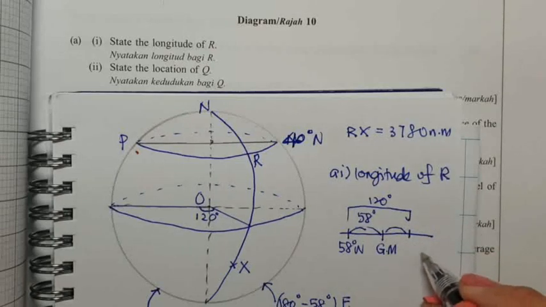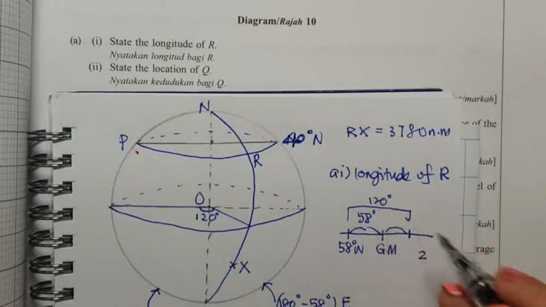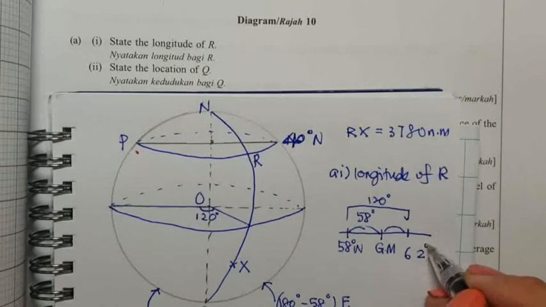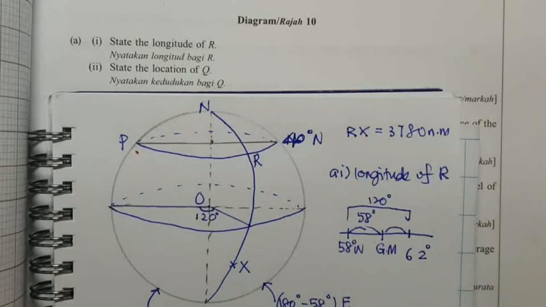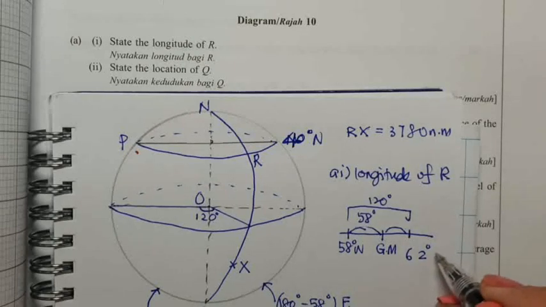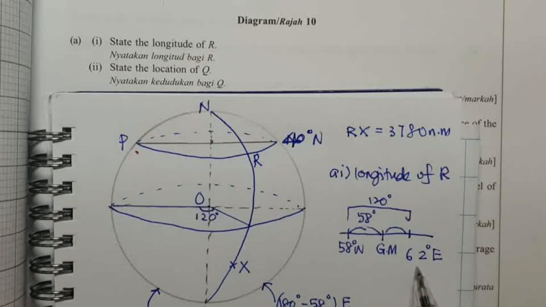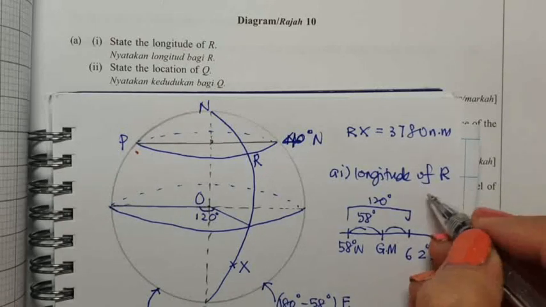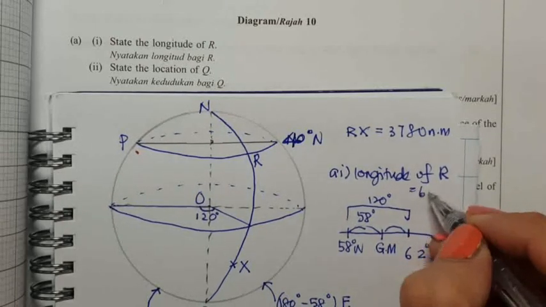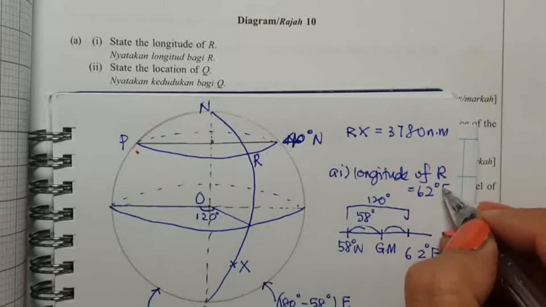We will have 62 degree. Okay, 62 degree because it's on the right side of the Greenwich meridian. Therefore, this one will be 62 degree east. Double check. Yep. So the longitude of the R will be 62 degree east.